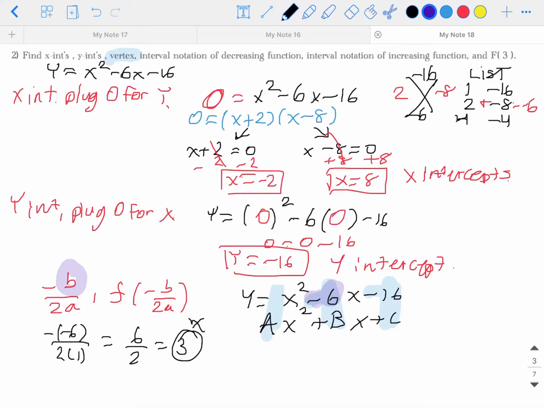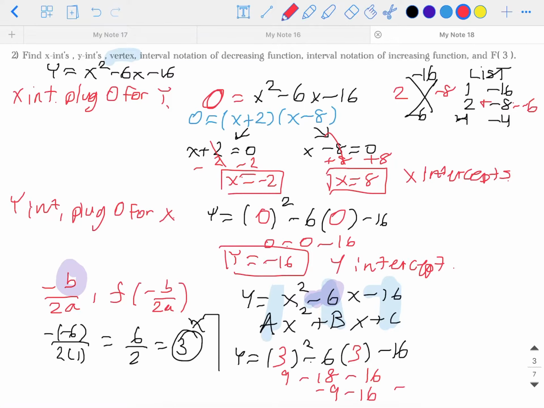So we need to plug this back in to find out the y of the vertex. Y equals, I'm going to give this space, and plug in the 3. Apply the math, 3 to the second, minus 6 times 3, 9 minus 18 is negative 9.